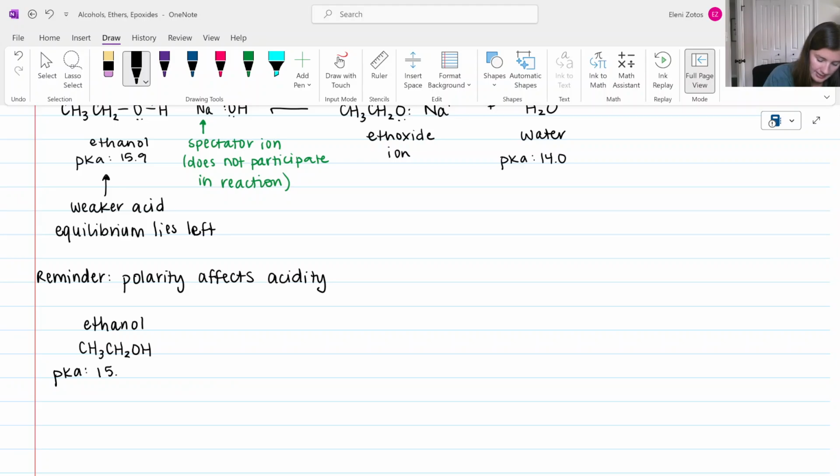Let's write the pKa again, 15.9. And then we'll compare to a molecule where instead of having a CH3 group, we have a CF3 group. So CF3, CH2, OH. The pKa of this molecule is 12.4. So a lower pKa, and that's because we have this electronegative atom here.